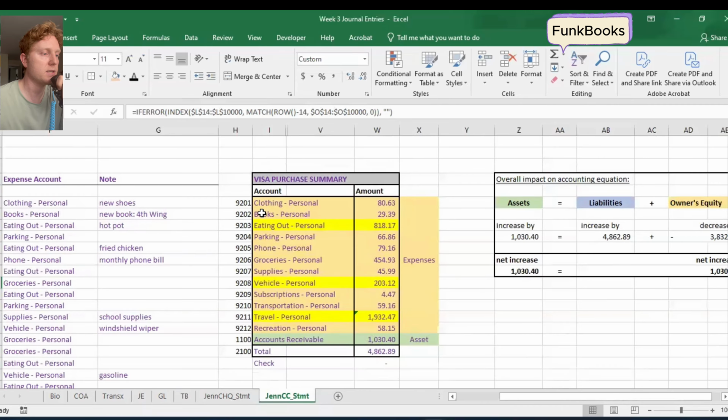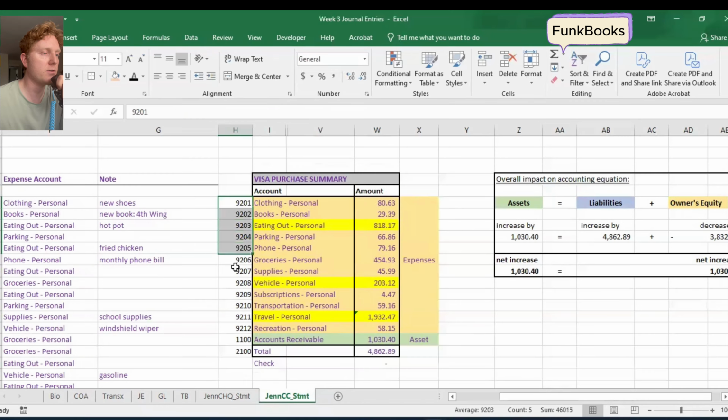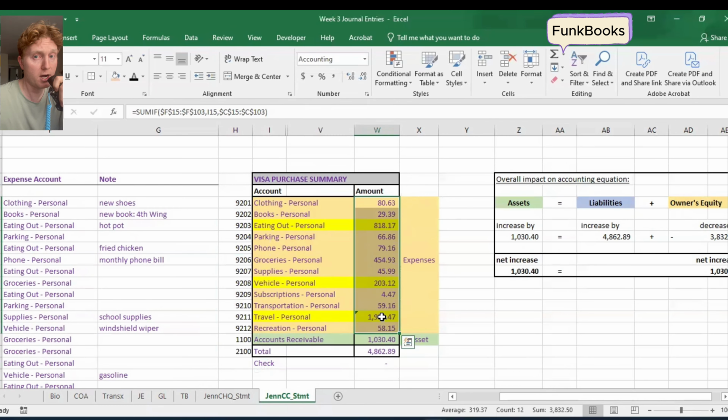I summarized it, making this. The only thing I've added differently is the account numbers, so we can easily incorporate this into our financial journal entries, right? Essentially what we need to do is ask, what would this transaction be? All of these were expenses, and all of these expenses should be going up. So we expect a debit, right?